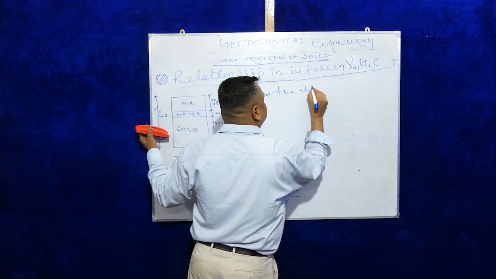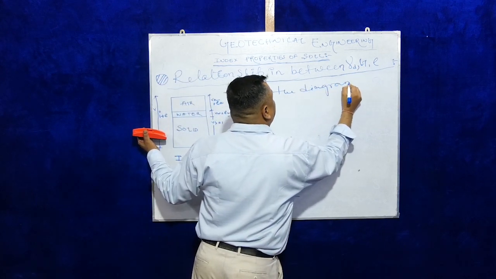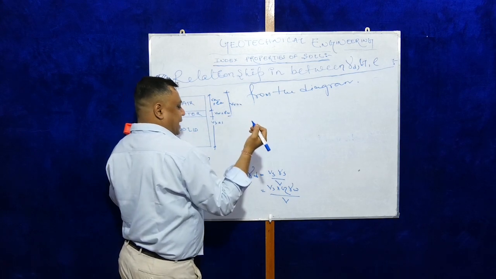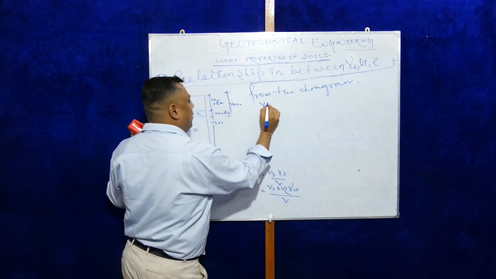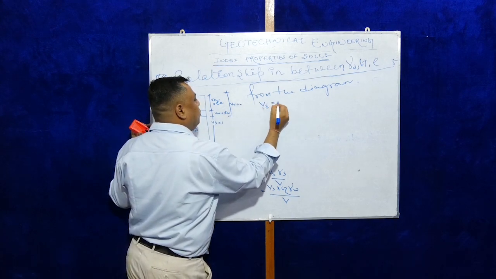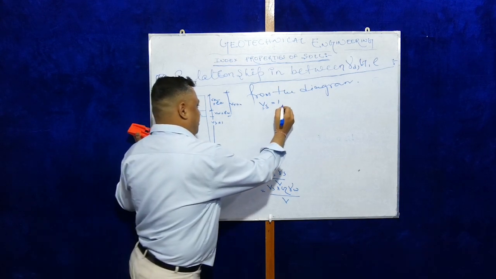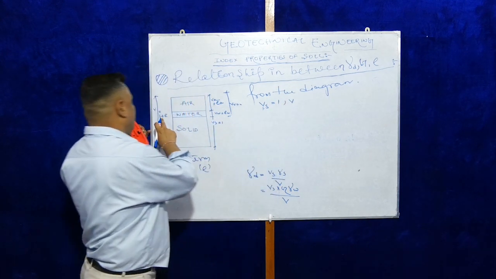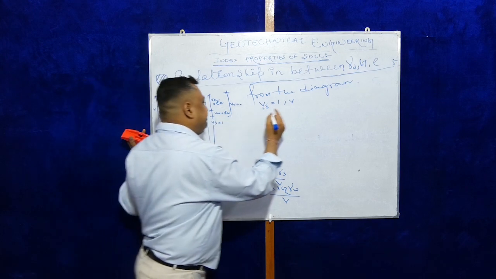Again from the diagram, what do we get? Vs is equal to 1. V is equal to 1 plus e.